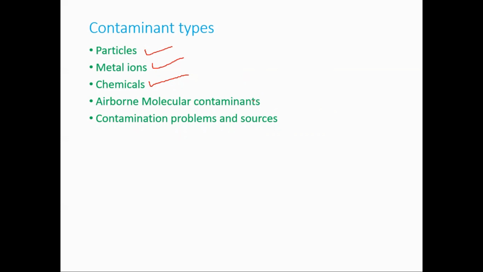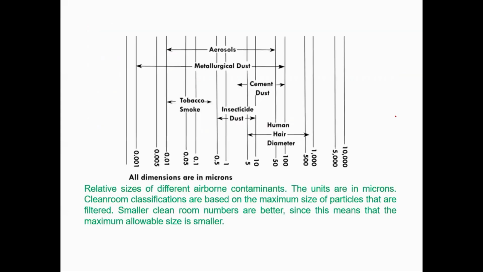Then sometimes airborne molecular contaminants and viruses are there. That's again a problem. All of this contamination creates problems, and we are now looking at the various sources from where it comes. Here you can see the dimensions of various kinds of contaminants.